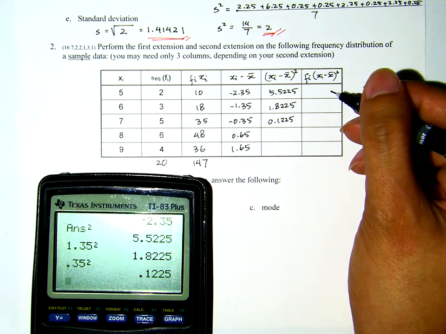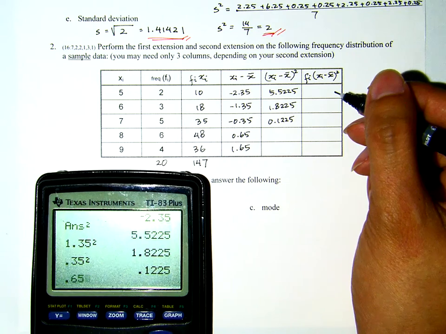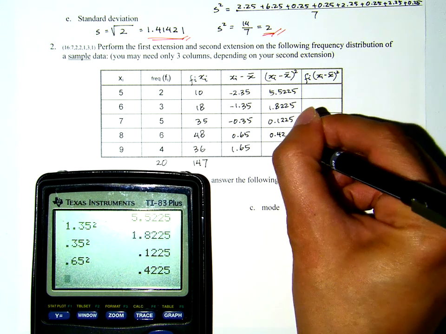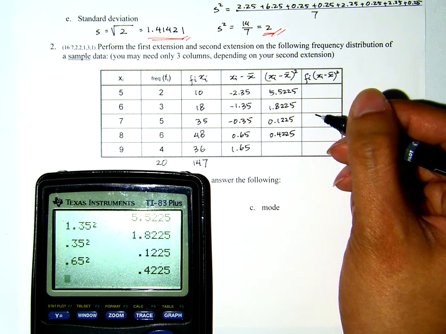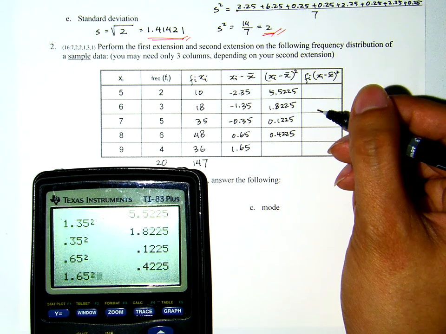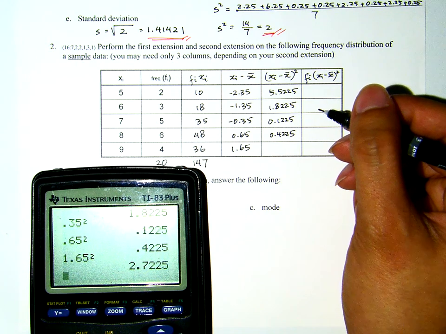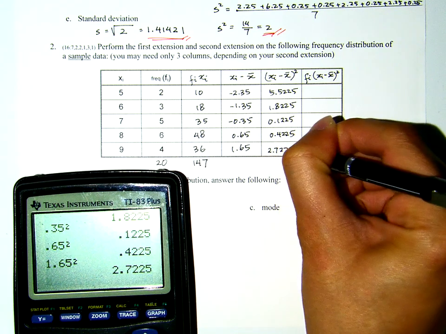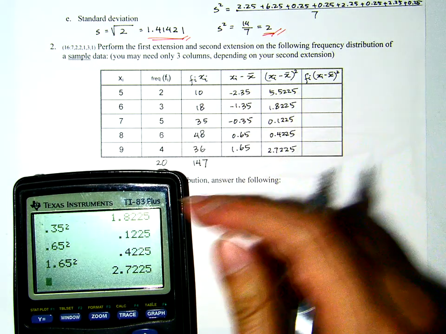And 0.65 squared is 0.4225, and then 1.65 squared is 2.7225.